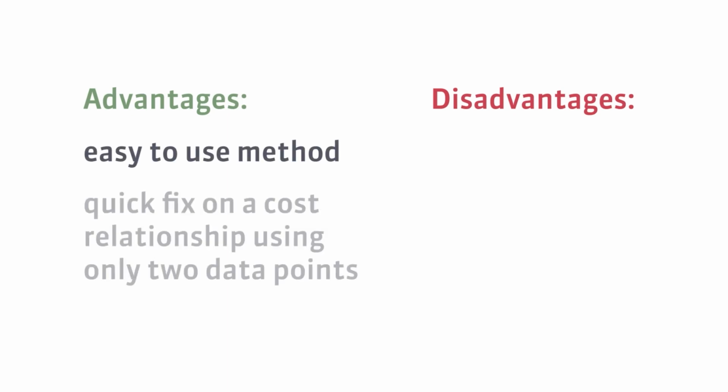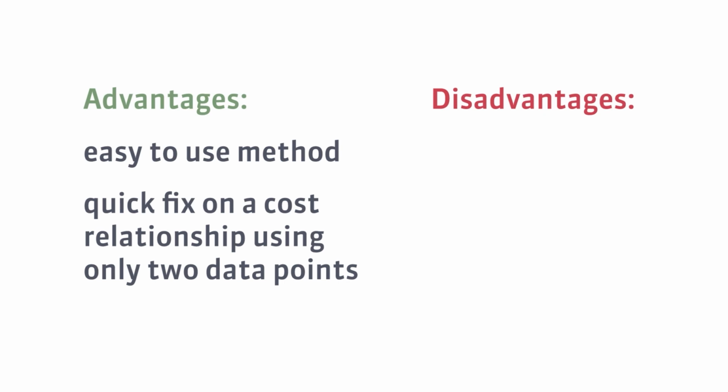This method assumes a straight line relationship between costs and output levels lying between the two observations. For this reason, it is easy to use and it allows the manager to get a quick fix on a cost relationship using only 2 data points.